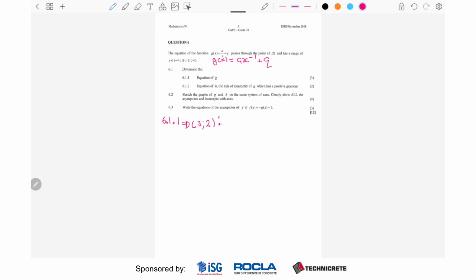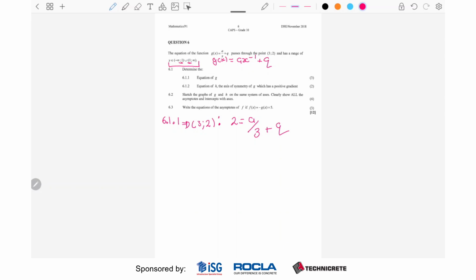Therefore, g of x will be 2, and since we know the range of g of x, we can automatically assume that these points where it doesn't cross mean there'll be an asymptote there.